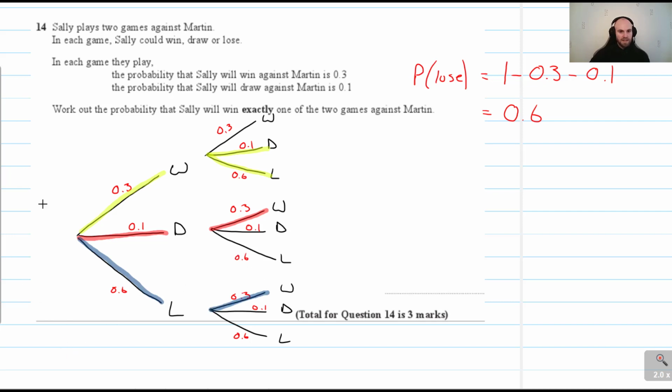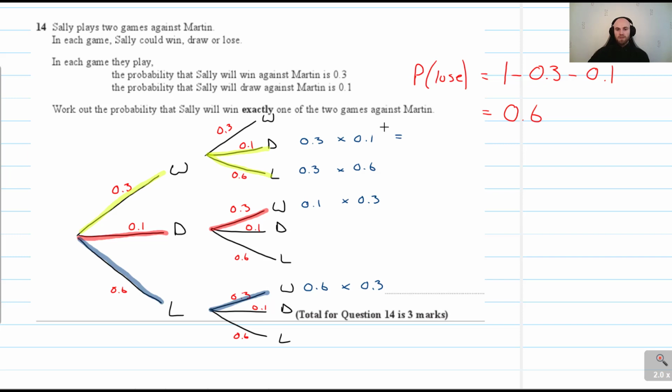So what are the probabilities of these? Well, the probability of win-draw is going to be 0.3 multiplied by 0.1. The probability of win-lose is going to be 0.3 multiplied by 0.6. The probability of draw-win is going to be 0.1 multiplied by 0.3. And the probability of lose-win is going to be 0.6 multiplied by 0.3.